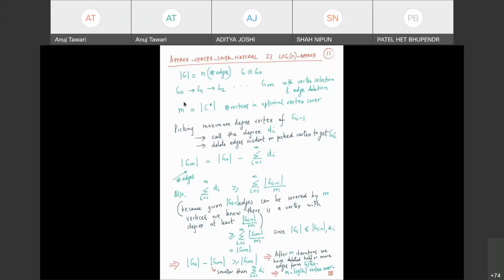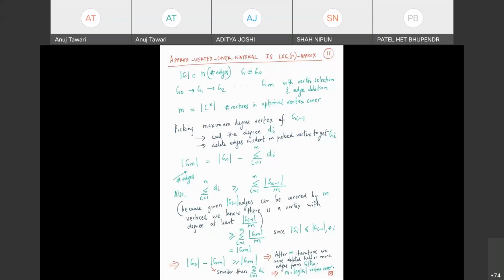Because we are doing this for m many steps, and G_m has the fewest number of edges, because in each step we are deleting certain edges from the graph, and finally this is the final graph we are getting, hopefully with zero edges. So we can lower bound this term by replacing G_{i-1} at every step by G_m. So we get summation i equal to 1 to m of G_m divided by m.